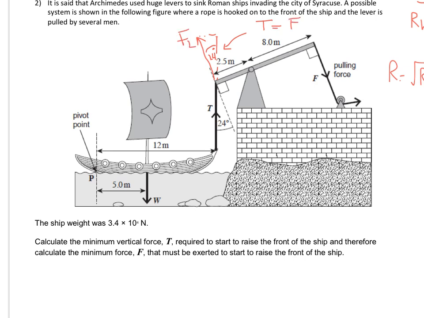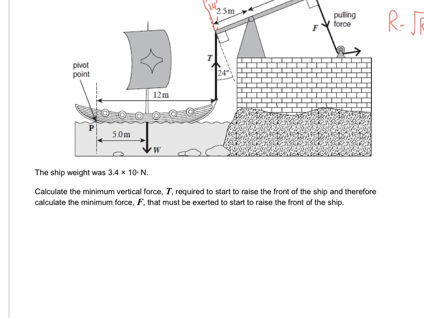T is going to be F2 cosine 24. So essentially what it's saying is this vertical component must be providing the tension here. That's where the force is coming from. And we can relate F2 to F later on.